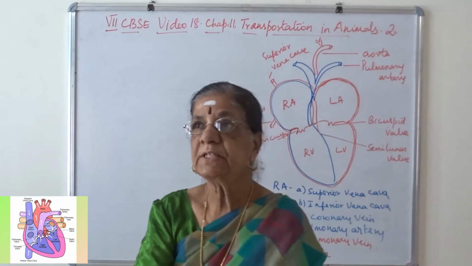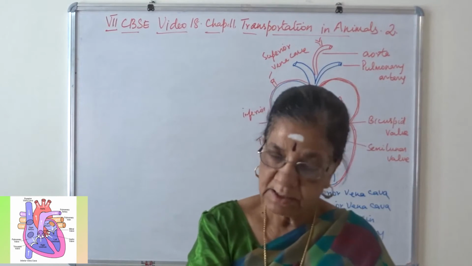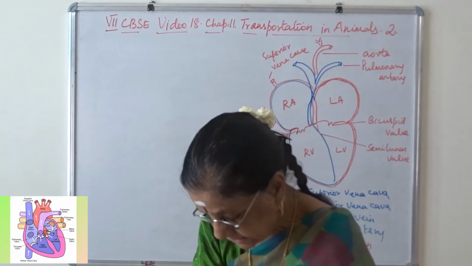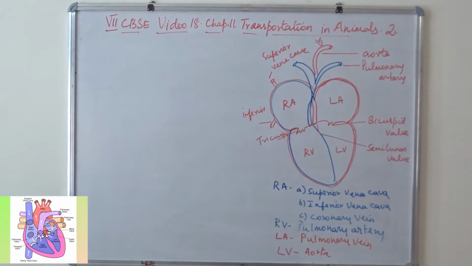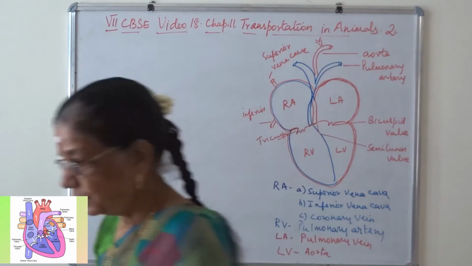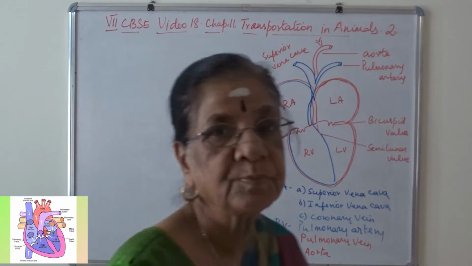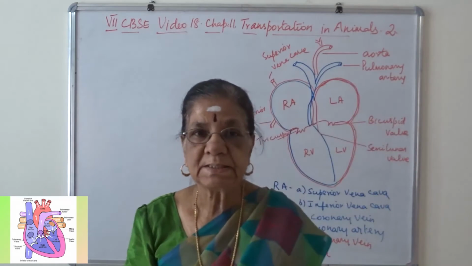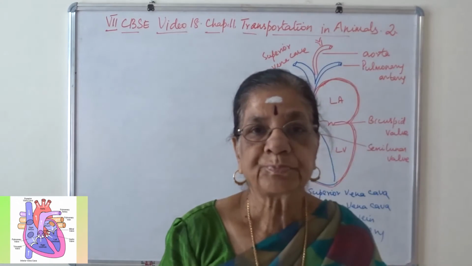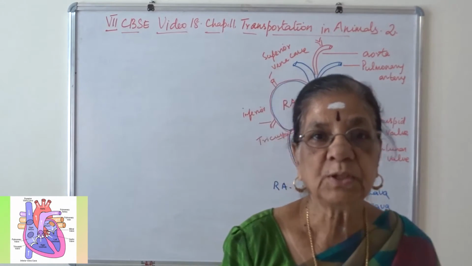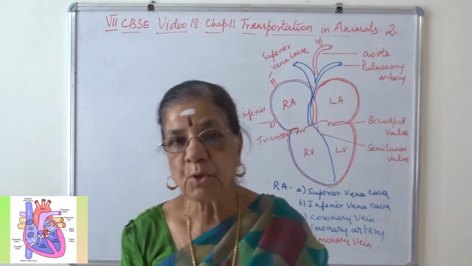Yesterday we have seen transportation in animals, the structure of human blood, and the types of blood cells. What do you recollect? Blood is a liquid connective tissue circulated throughout the body.